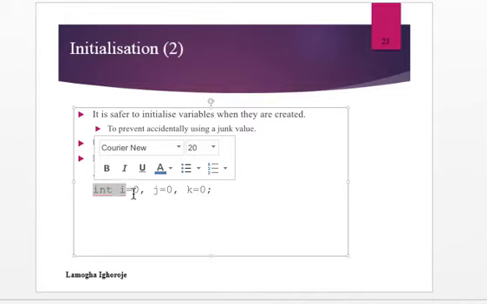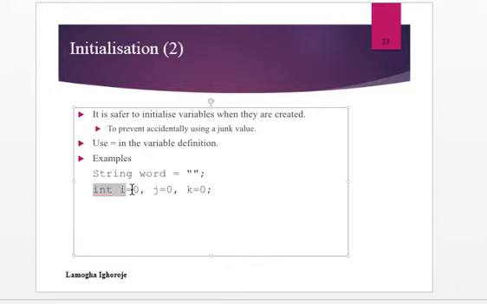Now it is good practice to assign it immediately the initial value it should have. You use an equal to sign to assign in Java. So I'm saying this will assign it as 0. And that's it. You terminate each statement after your initialization with a semicolon.